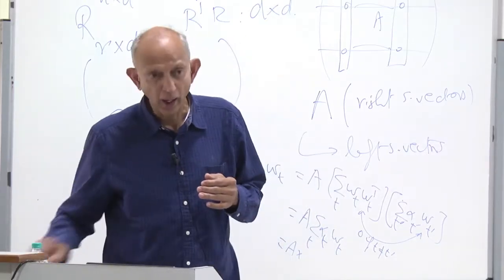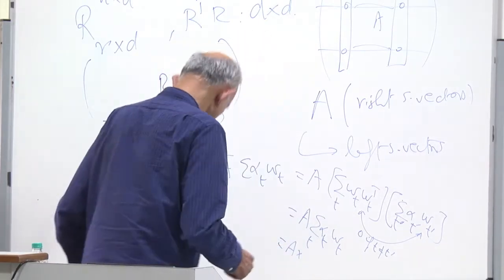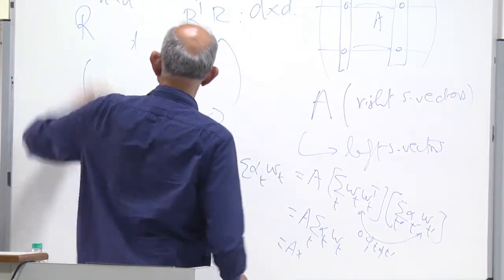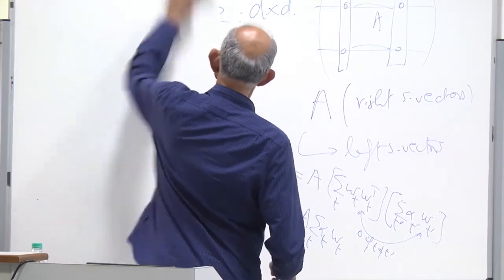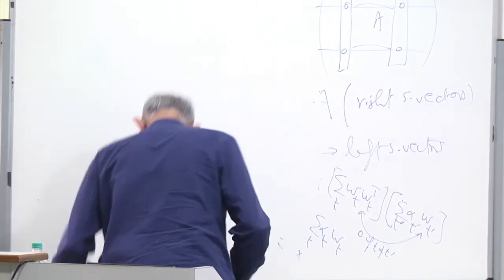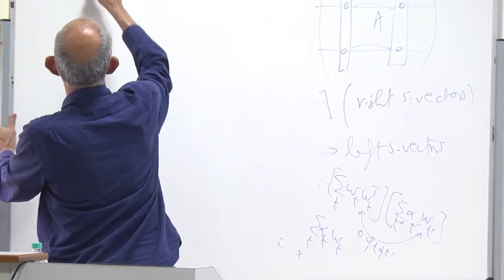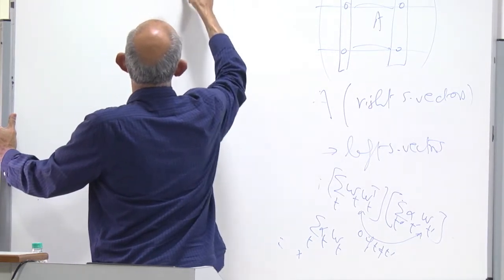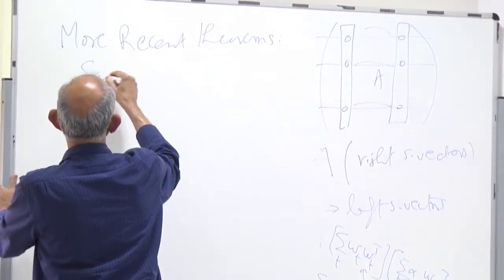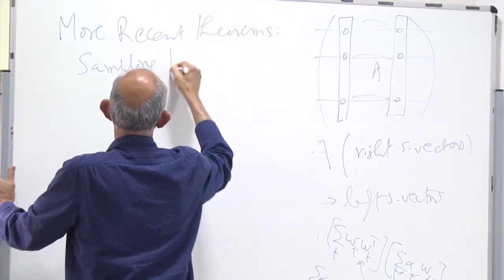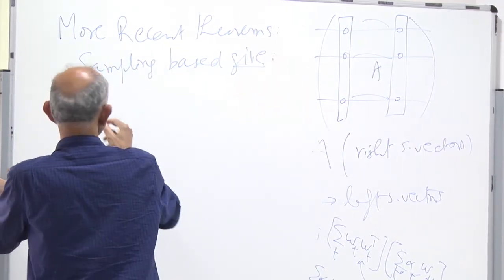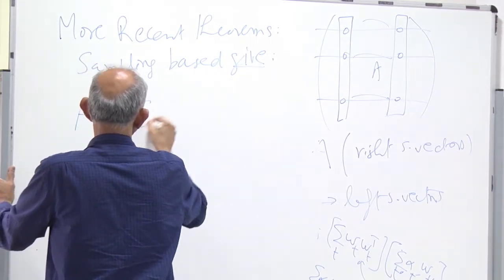Now, one note I should perhaps have put on the slide, but I can tell you: there are more recent theorems, but these are based on sampling, that can actually give you a better right-hand side.